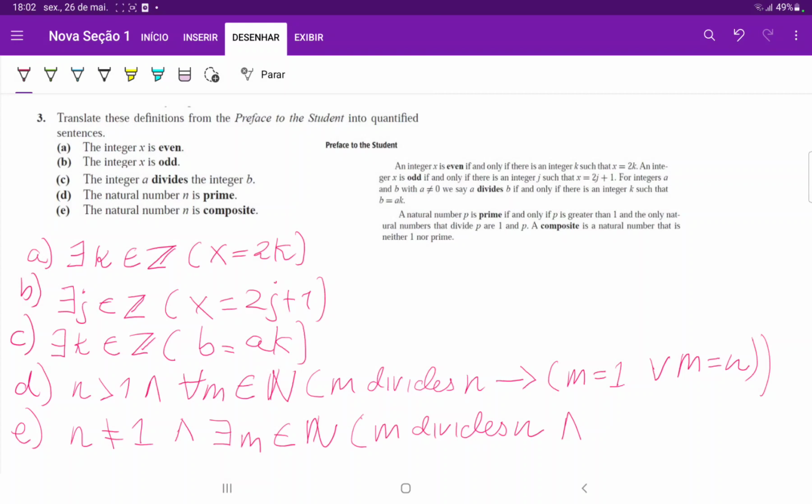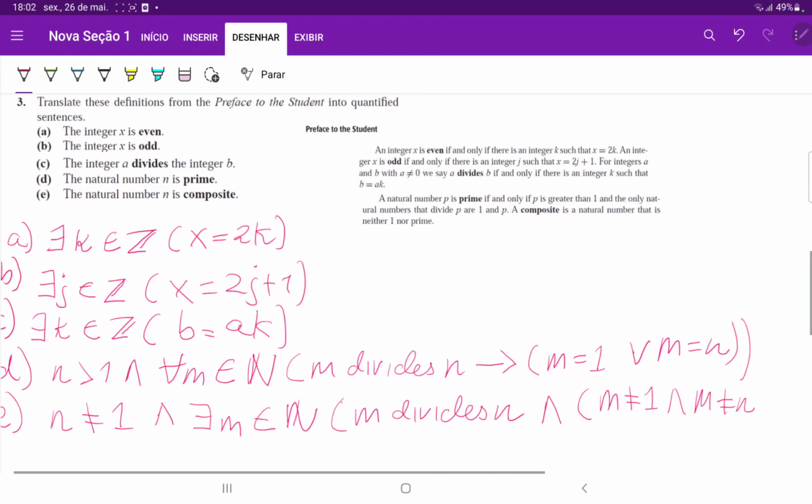So we're saying and not q, which is we have here m does not equal 1 and m does not equal n, right? Because we just negated the conditional. So let me close this bracket. Yep.